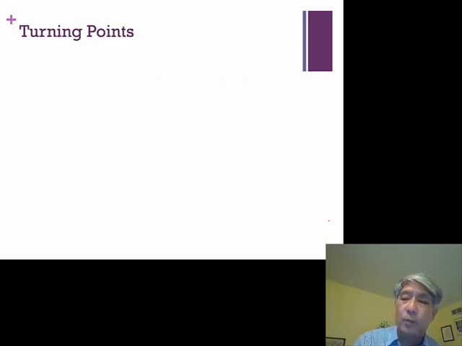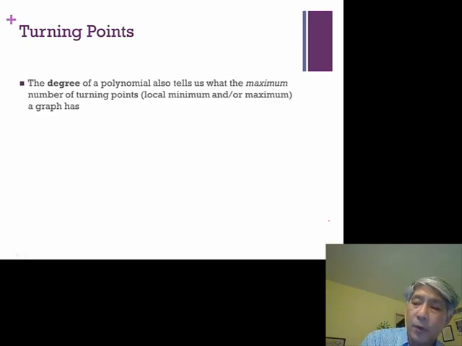Okay, so that brings us to turning points. Turning points are wherever we have a minimum or a maximum in my graph. The degree of a polynomial also tells us how many turning points we could possibly have. It tells us the maximum number, because if you think of x squared, it's a parabola.